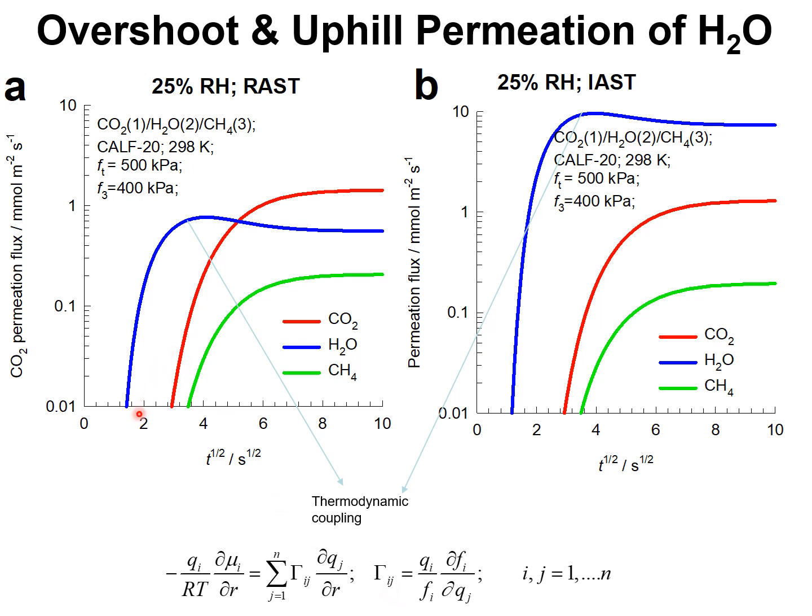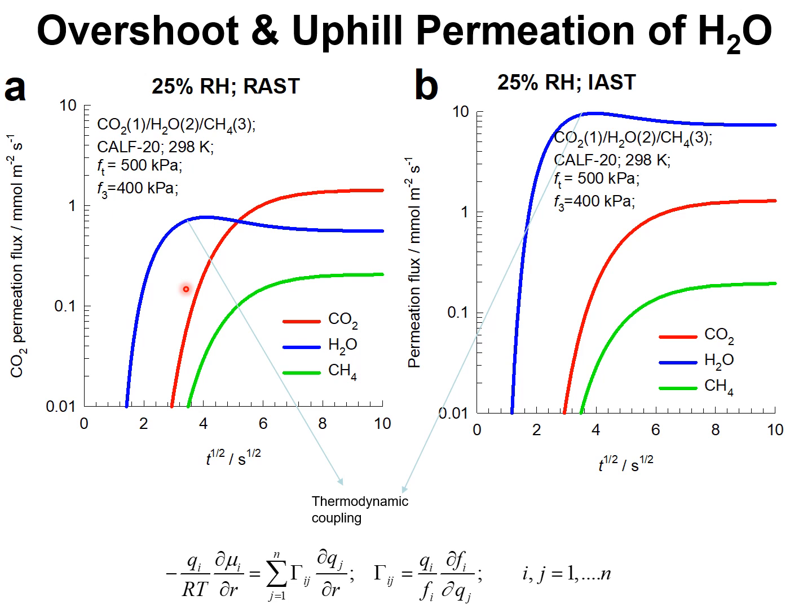The results show that the permeation flux of CO2 is about an order of magnitude higher than that of methane and water vapor, implying that the CAF20 membrane may also be used in capturing CO2 from humid natural gas streams.